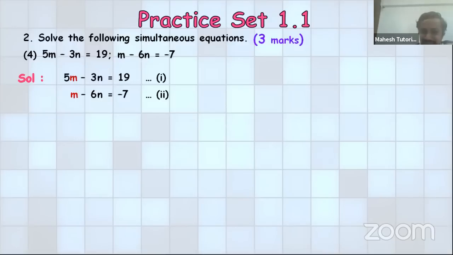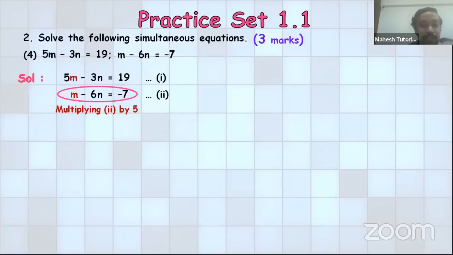So what I'll do is, in the lower equation, equation 2, I will make the coefficient of M, which is 1 right now, as 5. And how will I do that? I will do it by multiplying the entire equation 2 by 5. Students, I hope that we have understood this step, why we are multiplying equation 2 by 5. Because in equation 2 the coefficient of M is 1. And I need to make the coefficients of M equal.